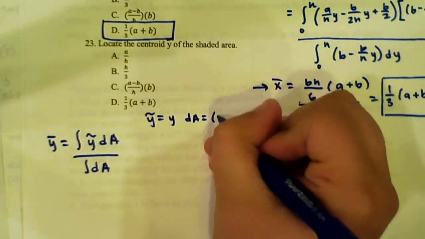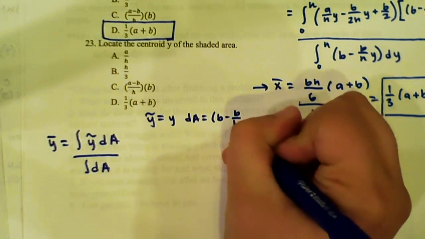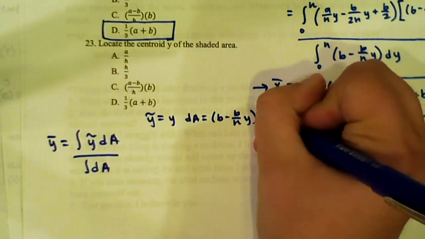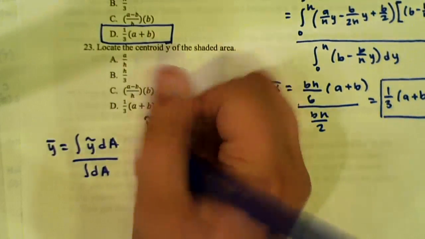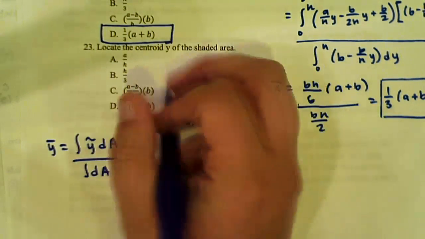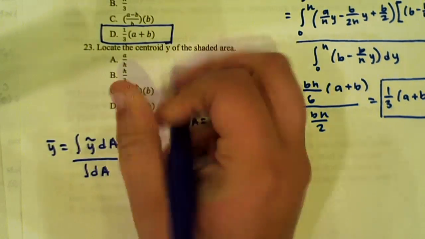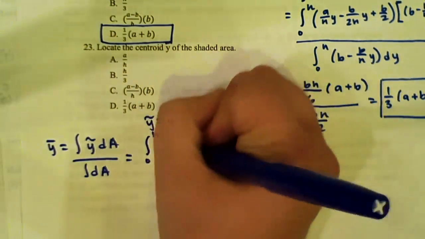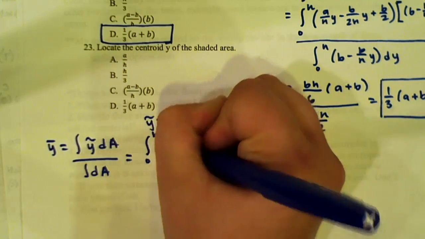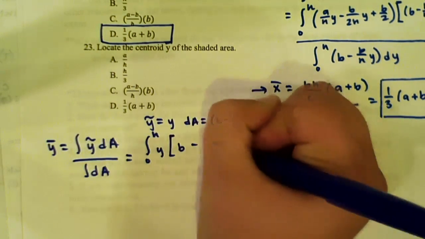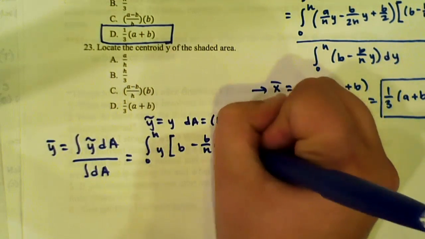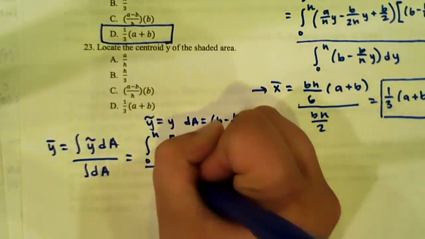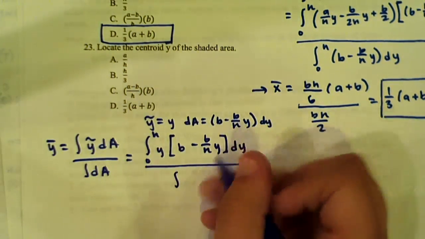So it would just be (b minus b over h y) dy. So plugging that into our equation, we have the integral evaluated from 0 to h of y times (b minus b over h y) dy, all divided by the integral of dy, or dA.